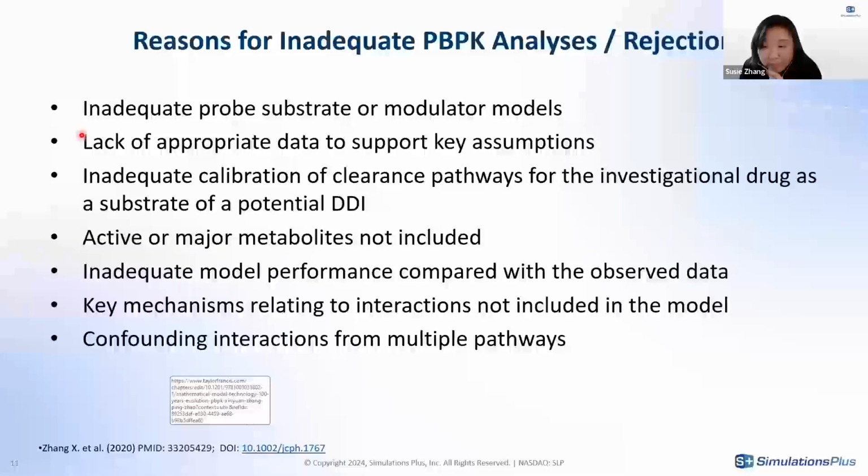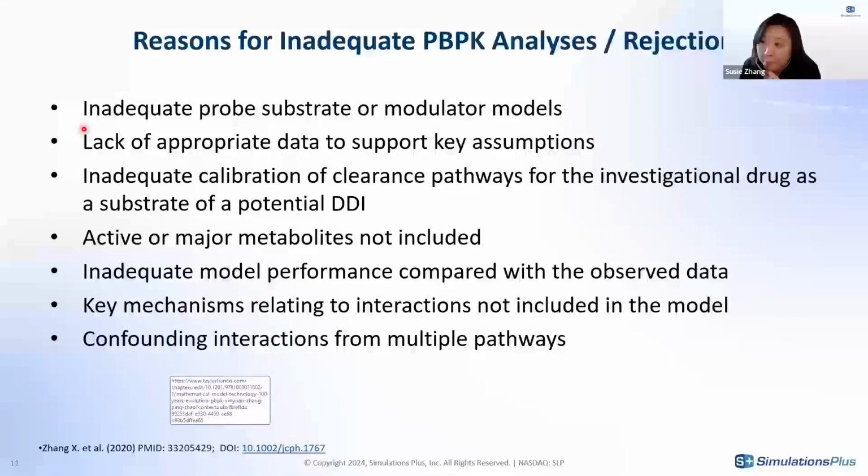And in the recent EMA publication, you probably will find similar summaries. May not be exactly the same reasons, but similar. These reasons include, for example, inadequate probe substrate and modulator models.